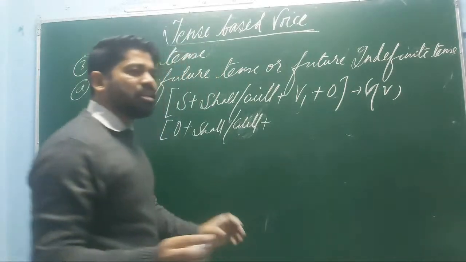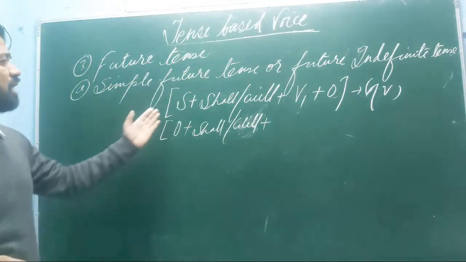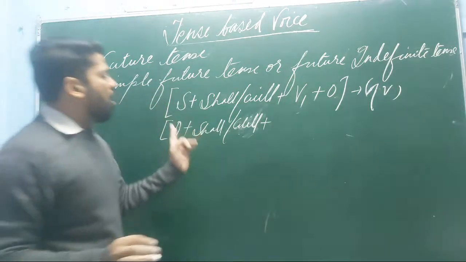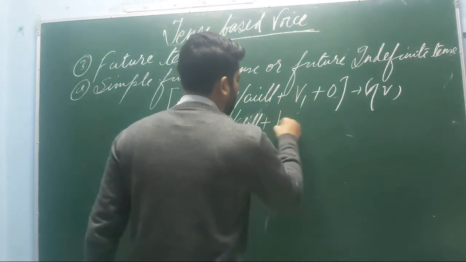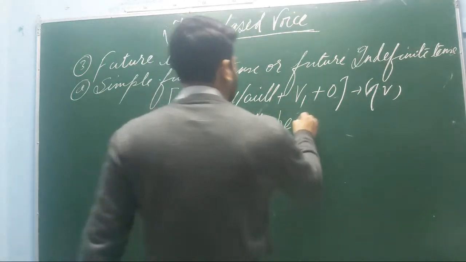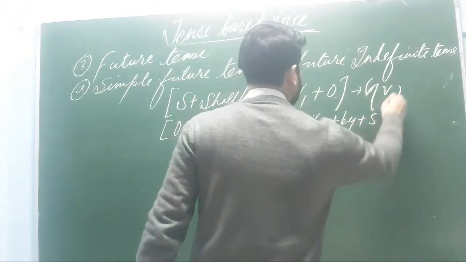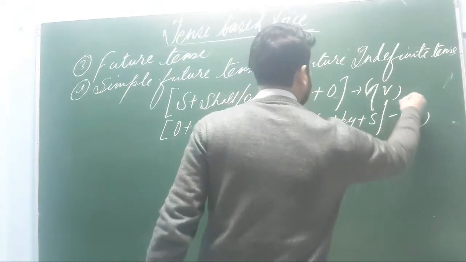I think in class it has been discussed to all of you that this one was the structure for the simple future in active. In passive, object plus shall or will plus be plus V3 plus by plus subject. So this one is the structure for the passive voice.